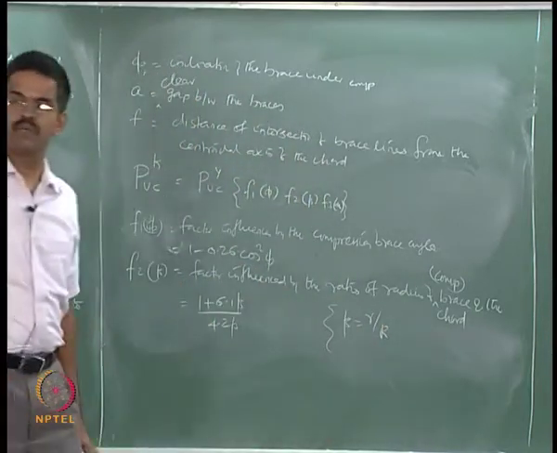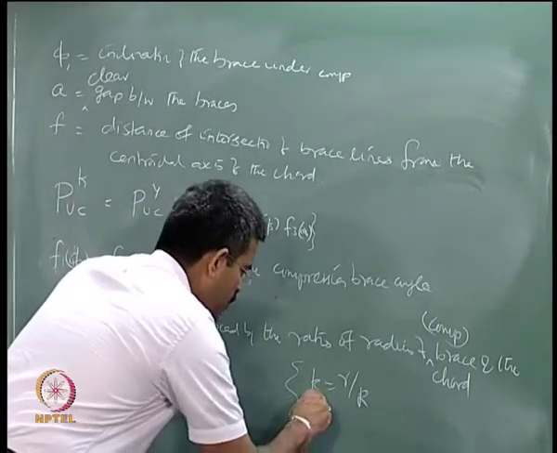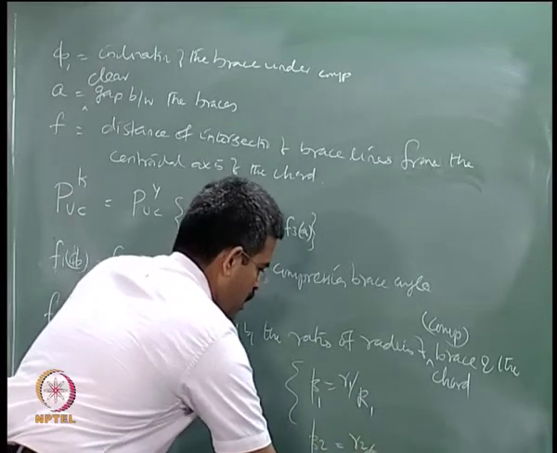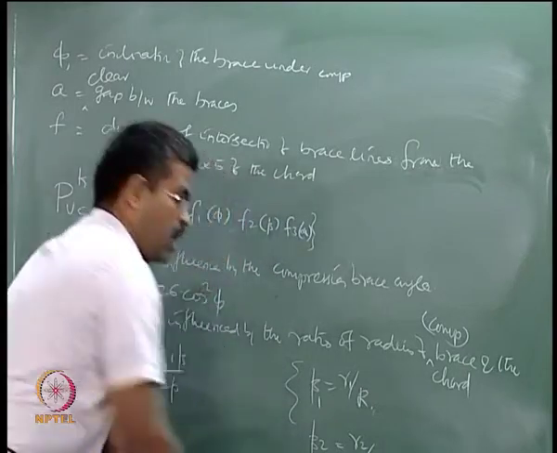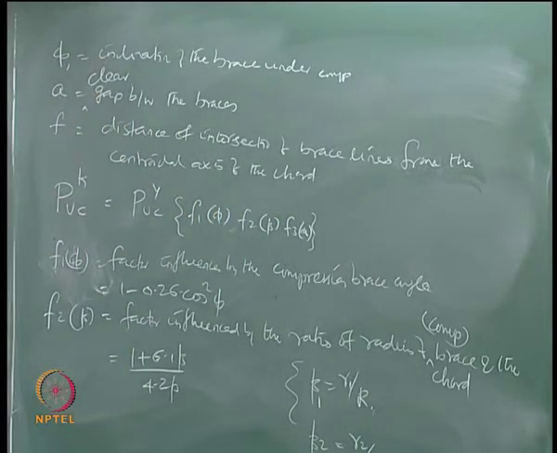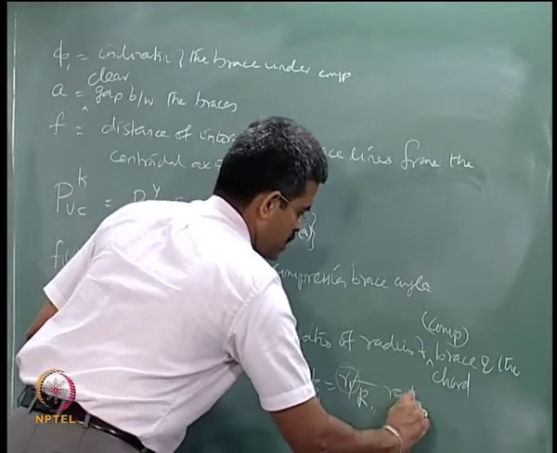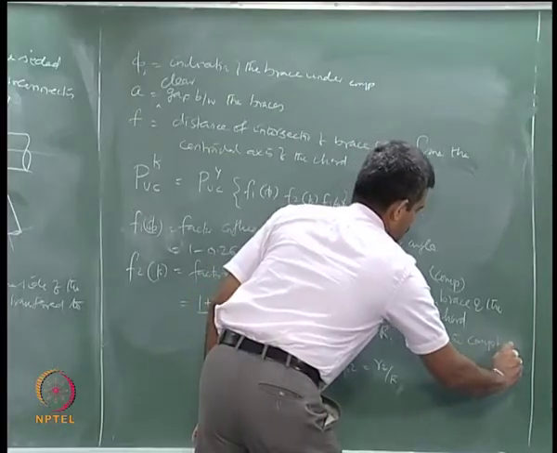r is the radius of the brace and capital R is the radius of the chord. So I can say simply beta 1 is r1 by R and beta 2 is r2 by R, there is only one R, okay, where r1 is the radius of the compression brace.